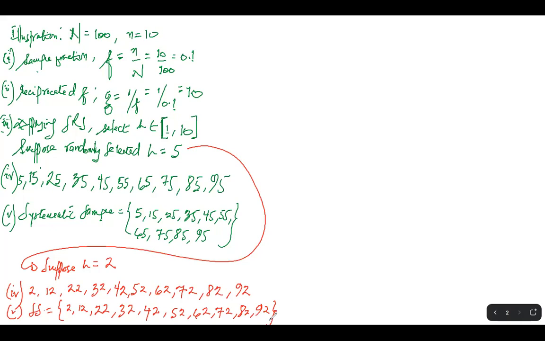All right. And if we count, we still have 1, 2, 3, 4, 5, 6, 7, 8, 9, 10. Because the next person after the 92nd person will be the 102nd person. And the 102nd person doesn't exist because our population ends at 100, meaning that we've exhausted the population. Okay.